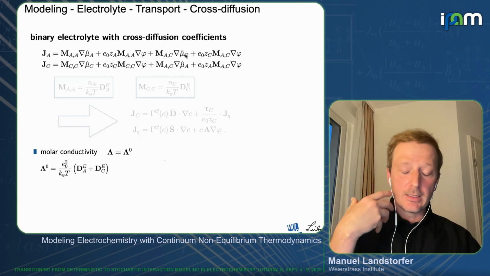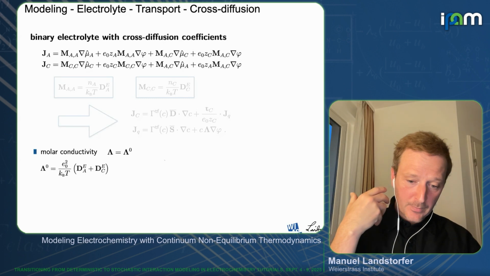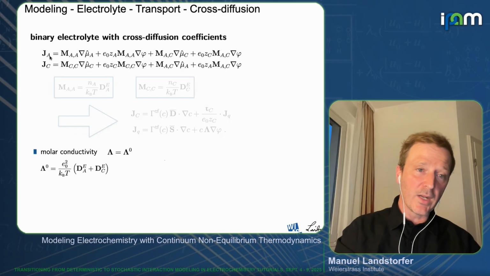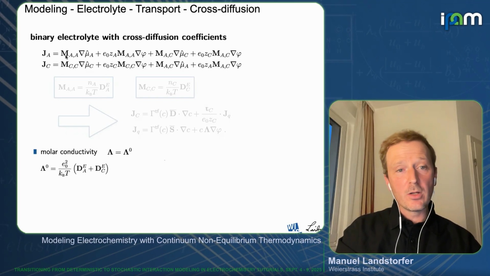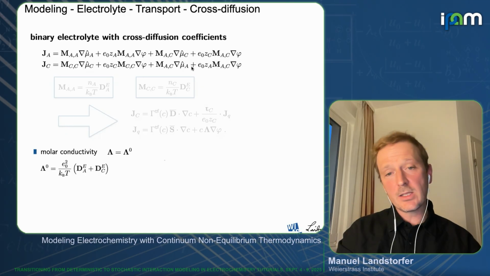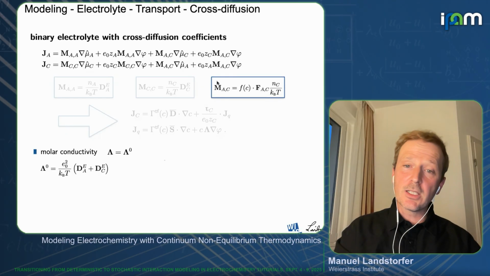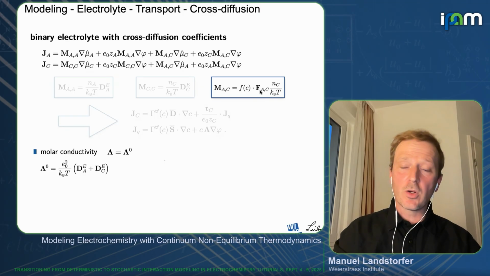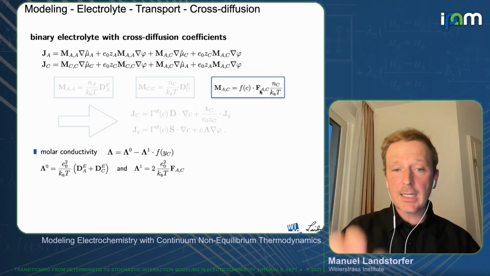So the entropy production due to fluxes allows that the flux of anions is not only determined by the gradient of the electrochemical potential of anions, but also of cations, with a cross-diffusional term, and vice versa. The flux of cations also has contributions of the electrochemical potential of anions. And then you have an additional quantity, which is sometimes called the friction term between anions and cations.